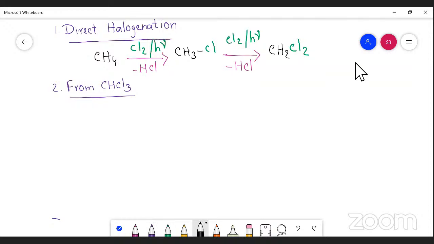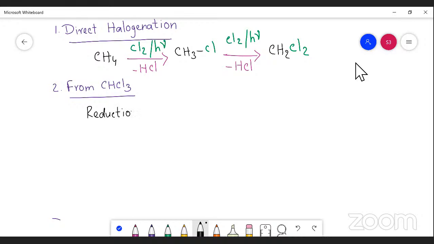Now, how will you get methylene chloride from chloroform? Here CHCl3 is converted into CH2Cl2. Here one hydrogen will be added, so it is nothing but the reduction process. Reduction is nothing but addition of hydrogen.